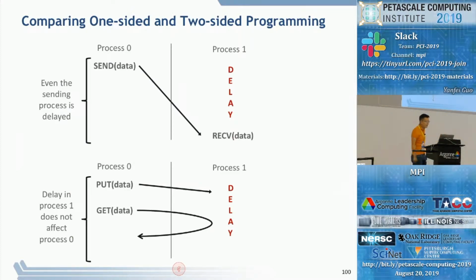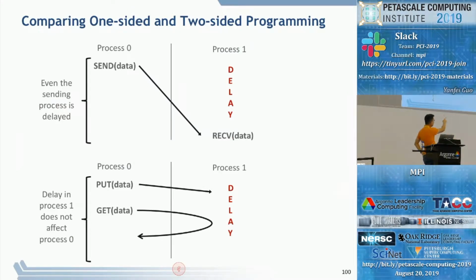But with one-sided communication, the origin process has all the information it needs for the data to go from my memory buffer to a target memory buffer.